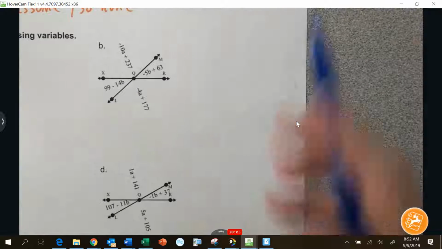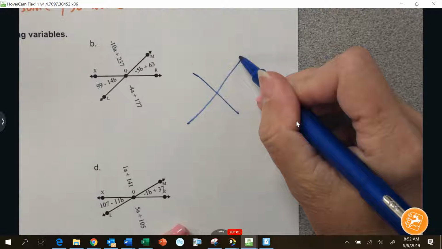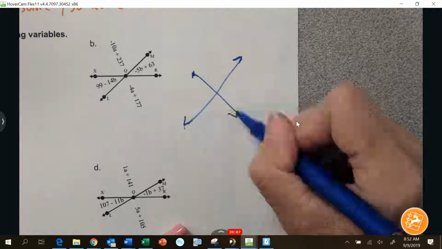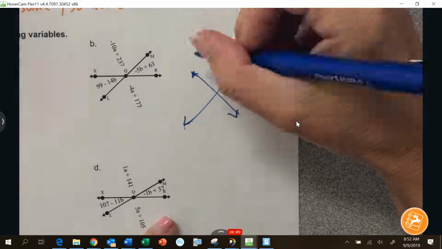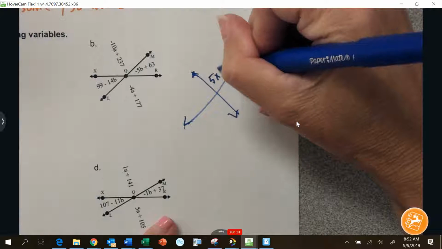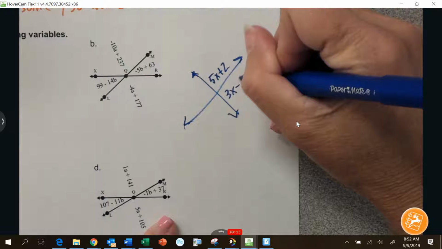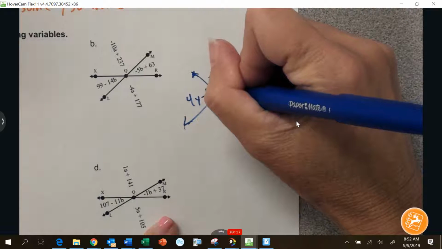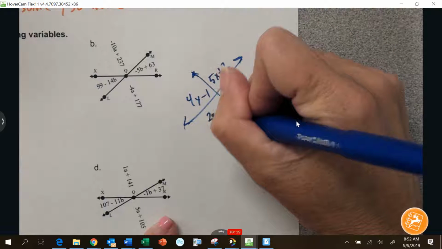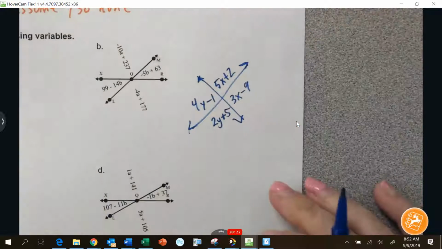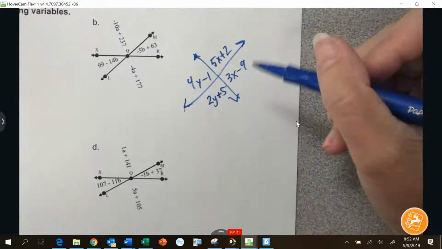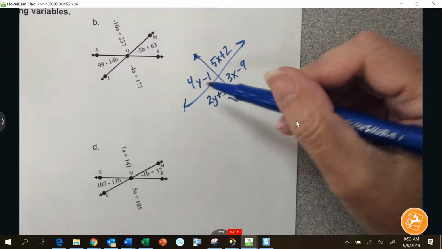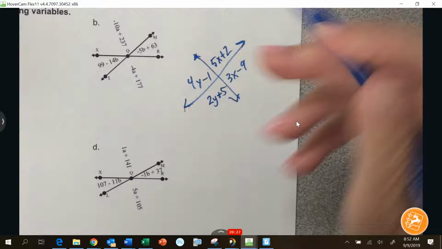Let me make up a different example. We're not going to solve it because I'm making it up. If I have this example and I want to solve for x, you guys are going to look up here.